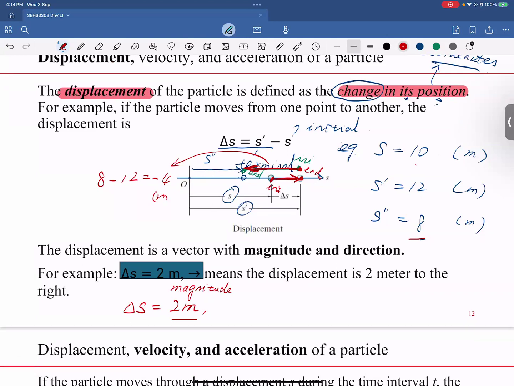So direction is from left to the right. So we just use a small arrow to the right. Okay.